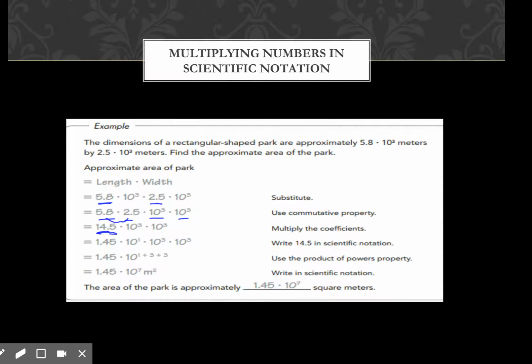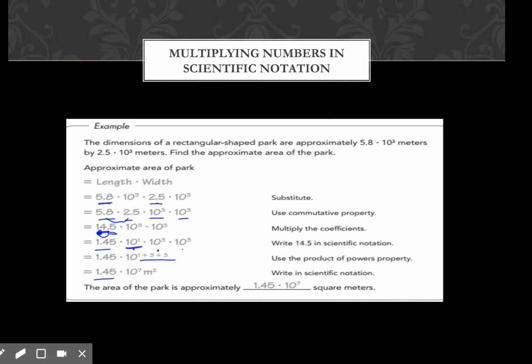You're going to then move the decimal over so it's back in scientific notation. So that's where this 10 to the first power comes from. So you have 1.45 times 10 to the first times 10 to the third times 10 to the third. We're adding all our exponents together in the product of powers property.